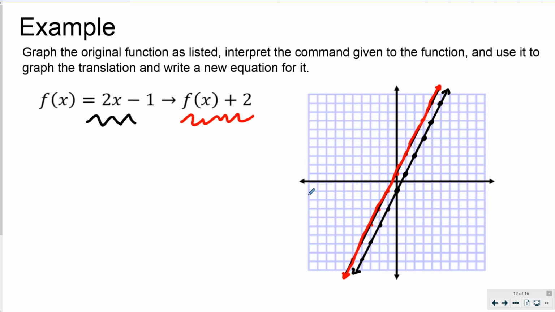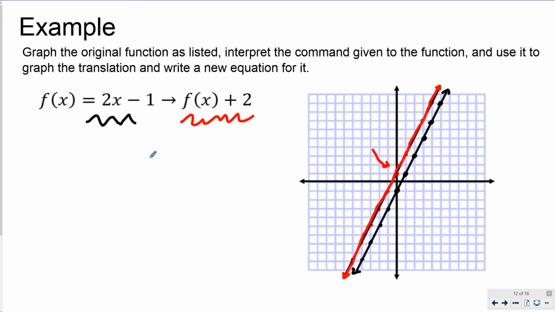Now I want to graph the translation and write a new equation for it. I see that I have a new y-intercept right here. It is very, very obvious that I have a new y-intercept. So I need to make sure that I have that taken into account in my graph. Did the slope of my graph change? No, it didn't. But you know what?